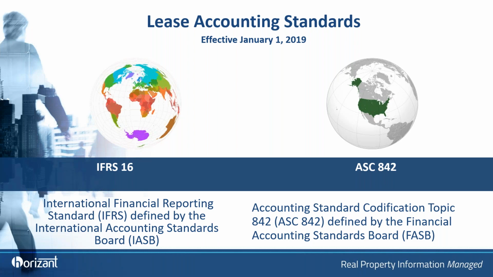So what that means is all these standards are setting up rules and guidelines for recognition and how you measure and how you present and disclose your leases in general. There are two standards. One is the International Financial Reporting Standard, IFRS, and the current one is now IFRS 16. That's effective right now as of January 2019. And of course, between public and private entities, there is a little bit of a difference.